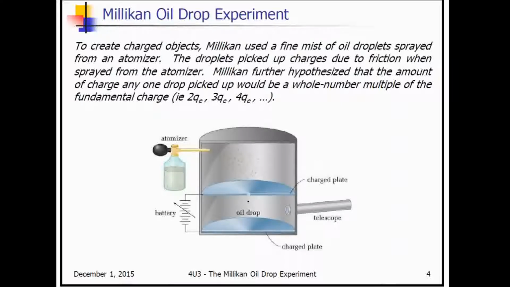So I'll read this a bit more because I didn't talk about how he made these charged particles. What he actually did was shoot small droplets of oil into a container from an atomizer. And these oil droplets would pick up different charges inside of his apparatus.